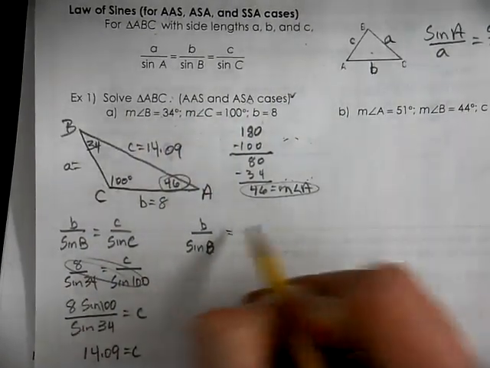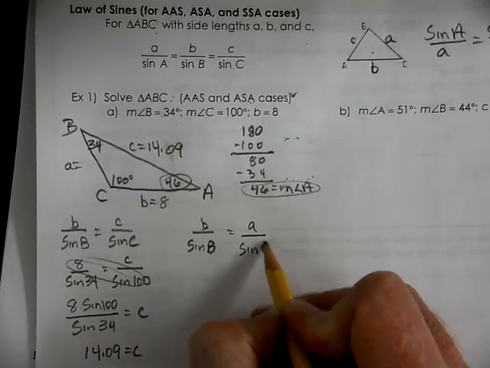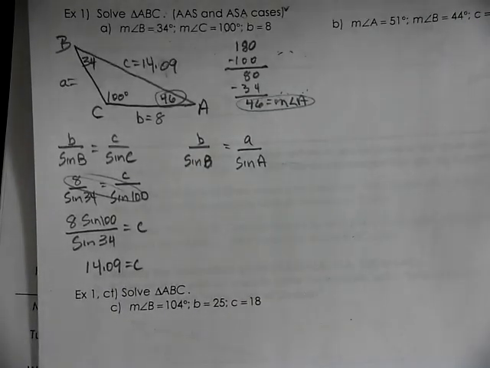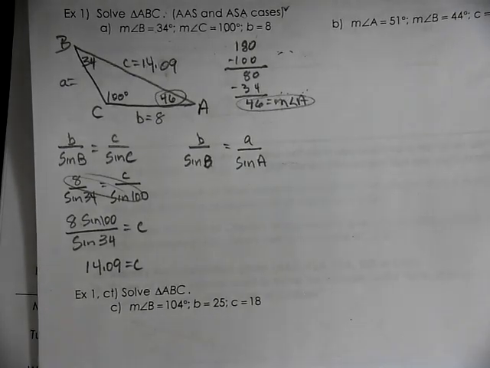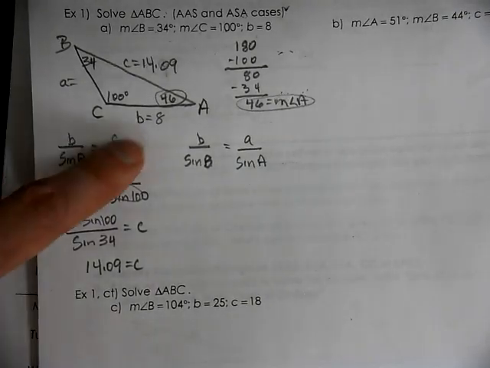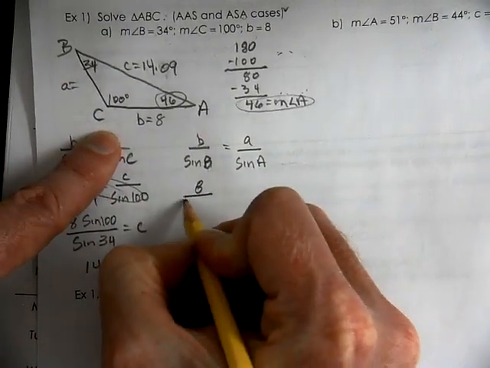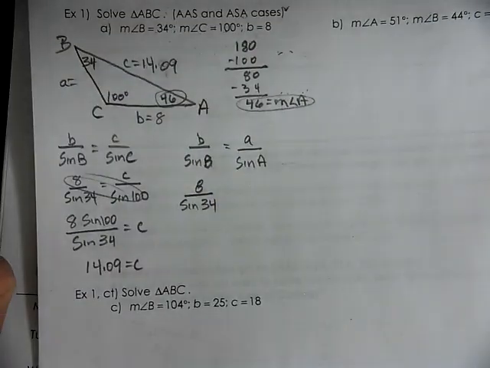I would always suggest that. And we're going to use the fraction for A because that's what we're looking for. So we can plug in our 8 and our sine of B, which is sine of 34.